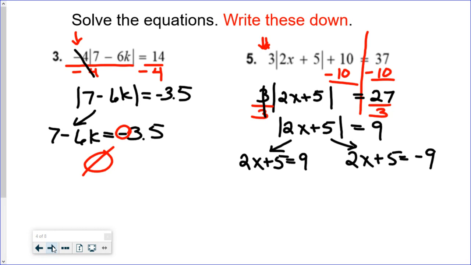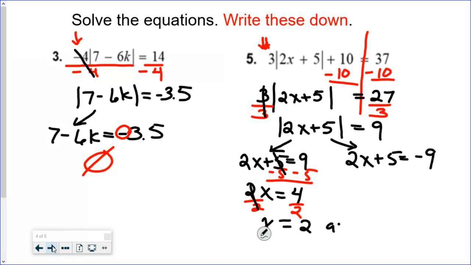Whew. This is going to be a doozy one. Minus 5, and I got 2x equals 4. Divide by 2, and I got x equals 2. Now I just have to do the other part. Minus 5.